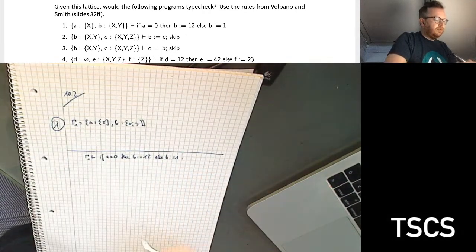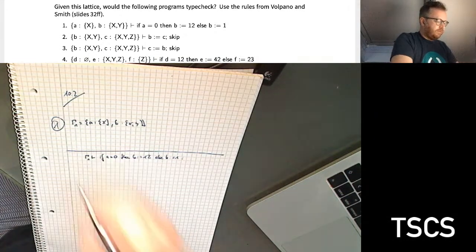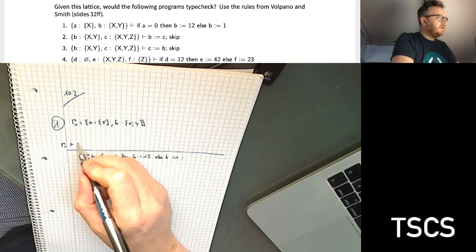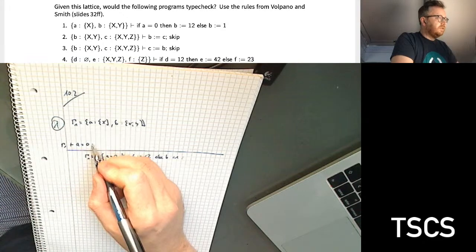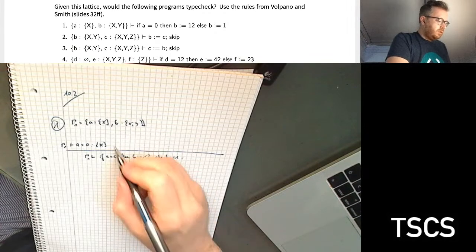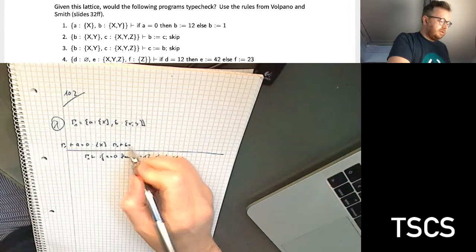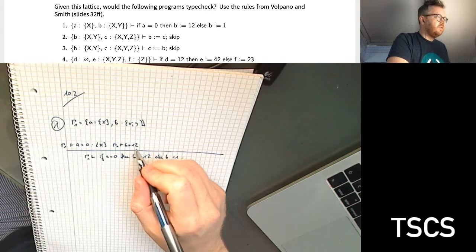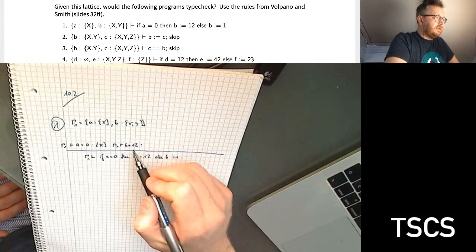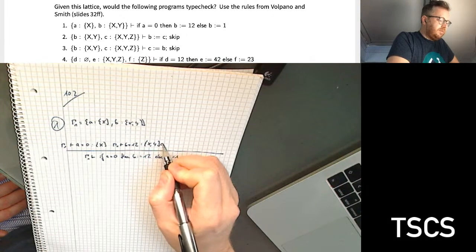How we would do this is, of course, we use the if rule and decompose the if. So we have gamma 1 says A equals 0 is of type X. And then gamma 1 says B is assigned 12, and this, because it is an assignment to an X, Y variable, needs to be X, Y CMD.